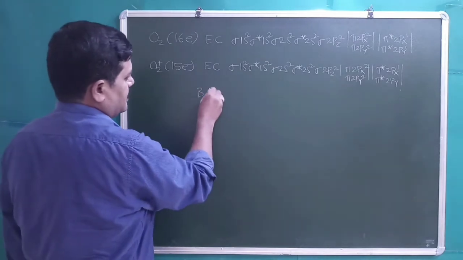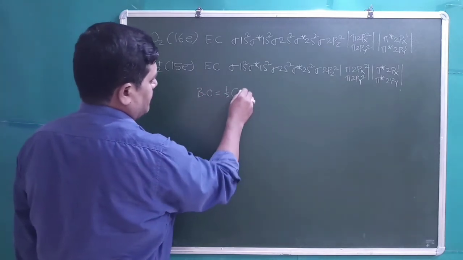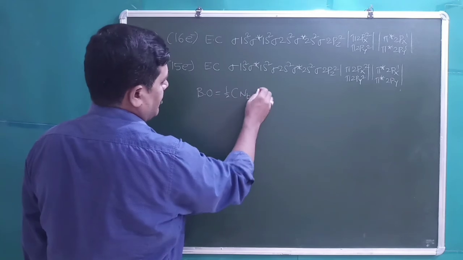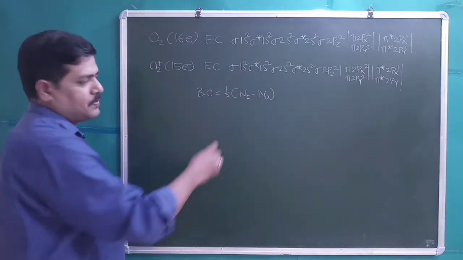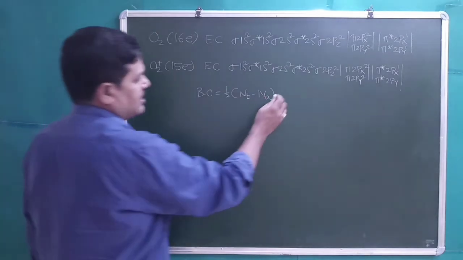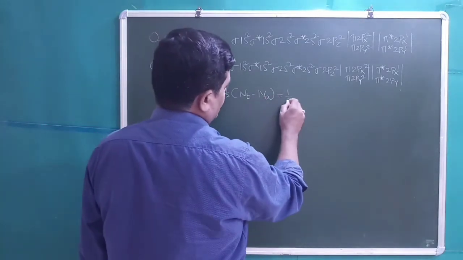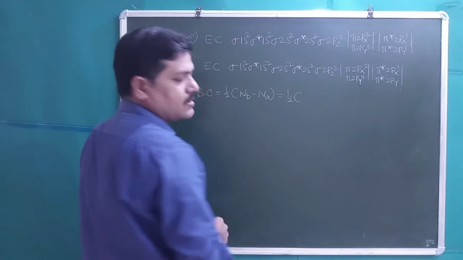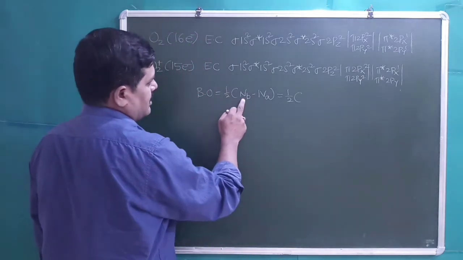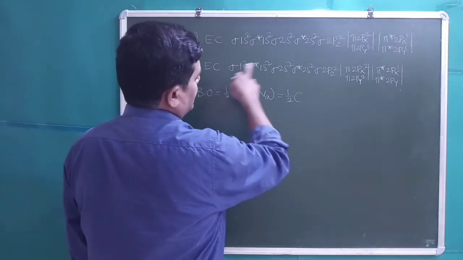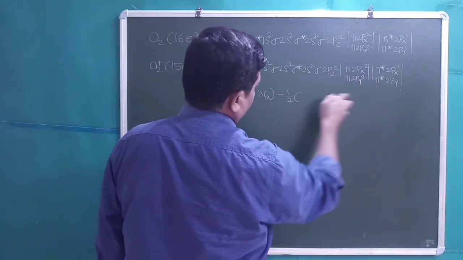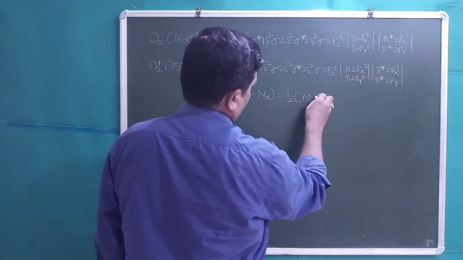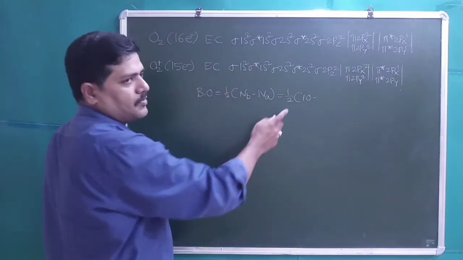Bond order is equal to half into number of electrons present in the bonding molecular orbitals minus number of electrons present in the anti-bonding molecular orbitals. Electrons in bonding molecular orbitals: 2 plus 2 is 4, 4 plus 2 is 6, 6 plus 4 is 10. Anti-bonding contains 5 electrons.